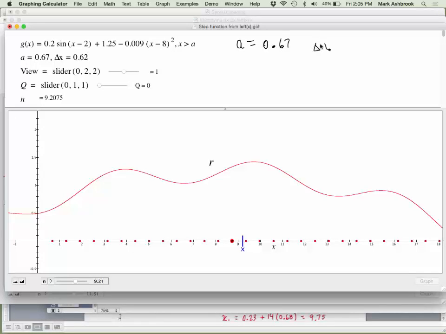I've got delta x, our parameter, set at an interval width of 0.62. So we're not confused, let's make a 0.87. A is 0.87, delta x is 0.62, and the current value of x is 9.21.